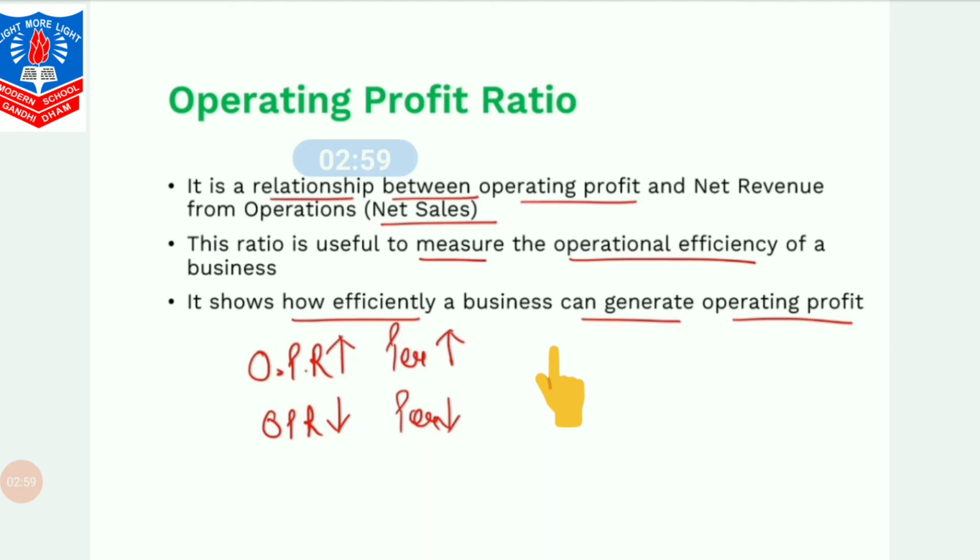Okay. This shows the relationship between operating profit compared to sales. This ratio is useful to measure the operational efficiency. It shows how efficiently a business can generate a profit.